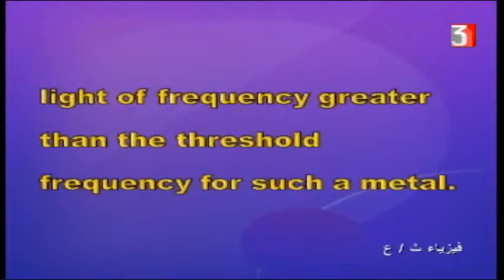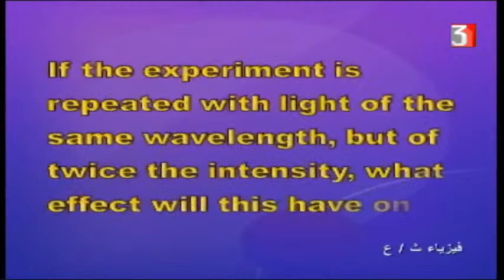What does this mean? It means each photon is capable of ejecting electrons, since the frequency is higher than the lowest required one, the threshold frequency. Since it is higher than the critical frequency, it can extract electrons.